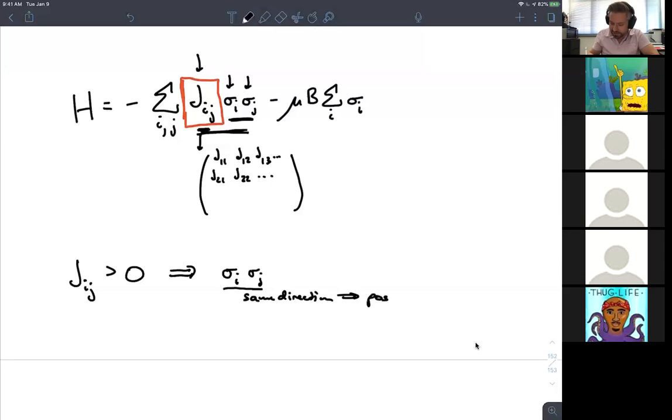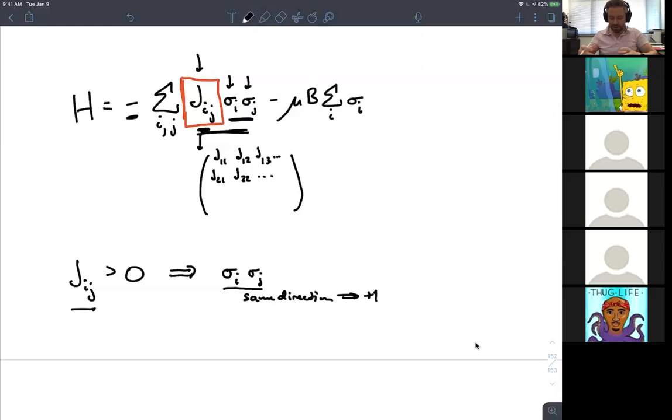You get +1. Okay, and then if Jij is positive, when you multiply Jij times sigma I, sigma j, that comes out to be positive. And then you got this minus sign out front, which flips the whole thing negative and therefore makes the energy negative. It's lower, all right?